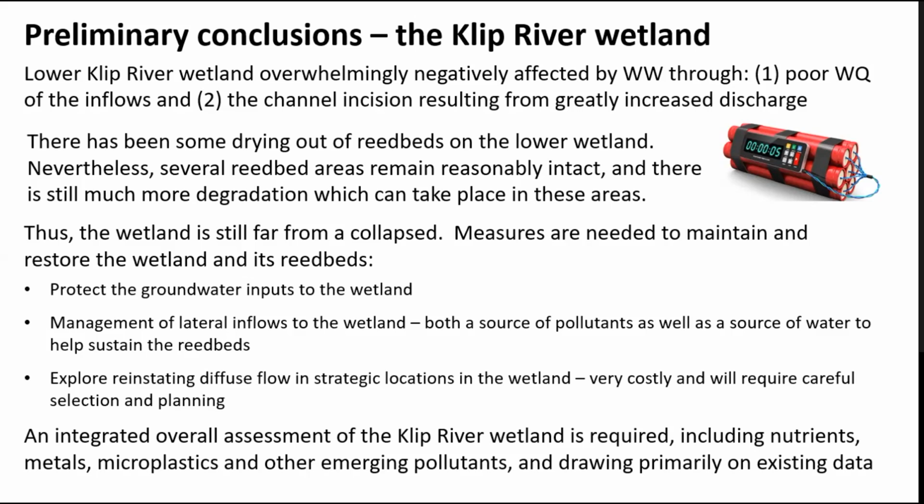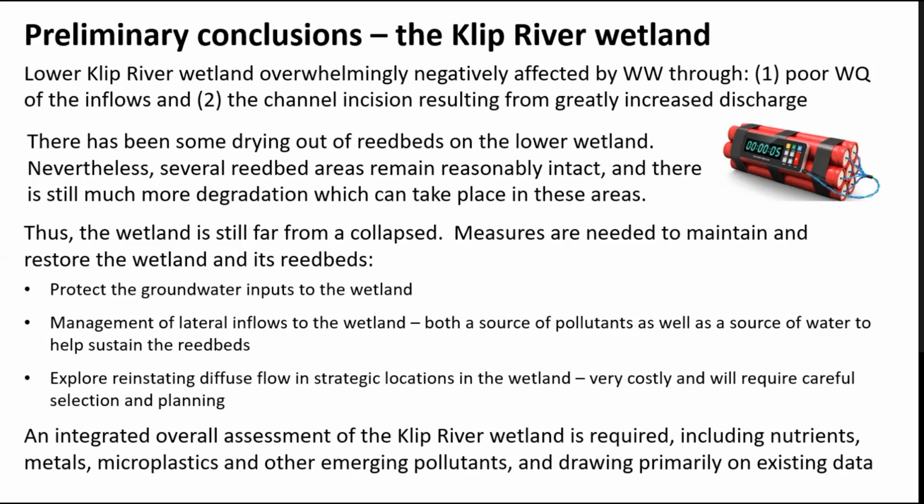So the first would be to protect the groundwater inputs to the wetland. Second would be the management of the lateral flows to the wetland. As indicated, those are both a source of pollutants as well as a source of water sustaining the reed beds.